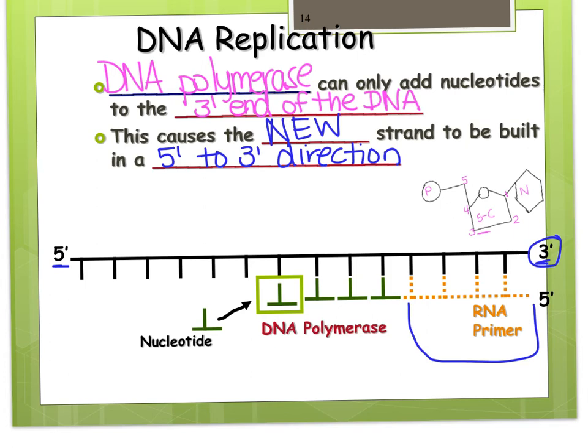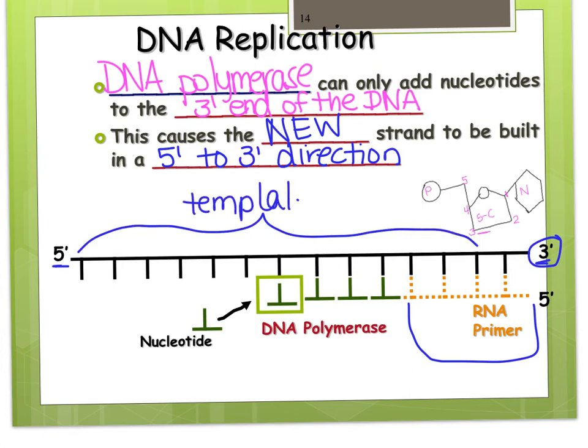The one that they're building off of is called a template strand. So I'm going to go ahead and label this as a template. What does a template mean? It's like a guide. A guide. That's a great word for it. It's telling us where to start and where we put it down. How do they know which nucleotide to put here?